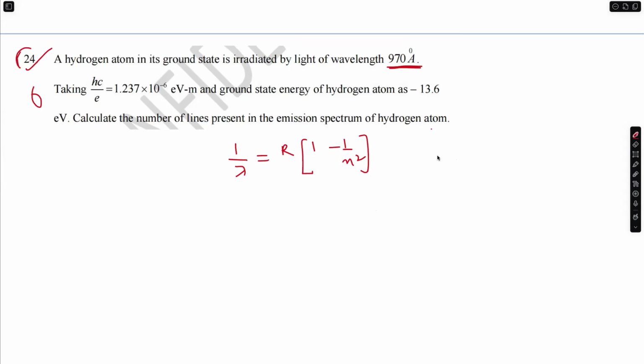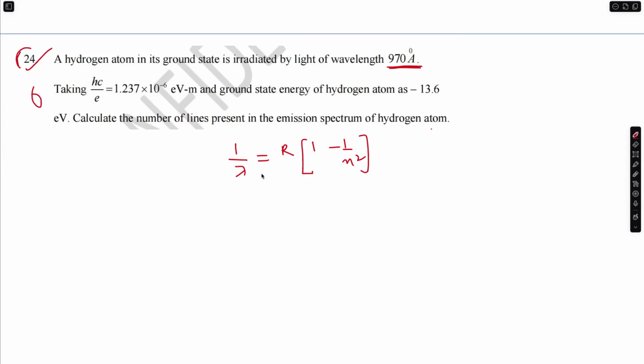How? If it is, for example, 3, you will get how many lines? n into n minus 1 by 2, 6. Likewise, you need to identify which transition it is.